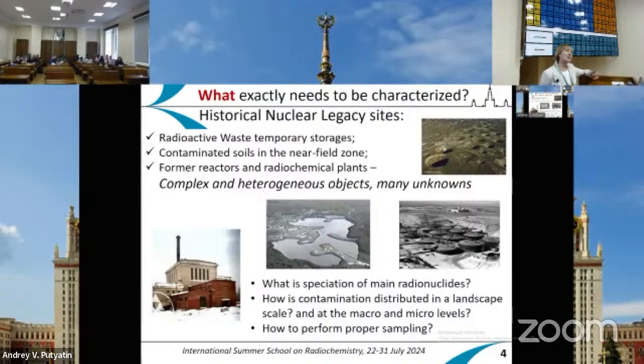These sites were organized at the time when nobody thought about ecology and the influence on human beings and so on. The main idea was to make weapon-grade plutonium very, very fast.